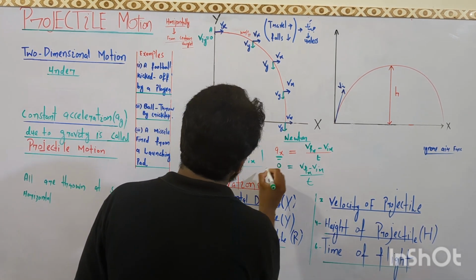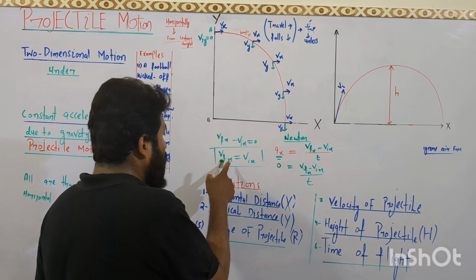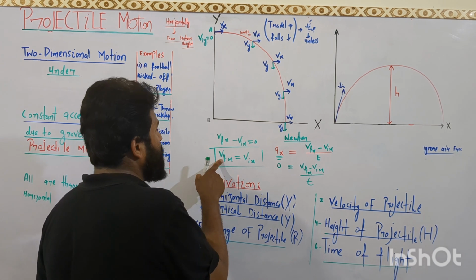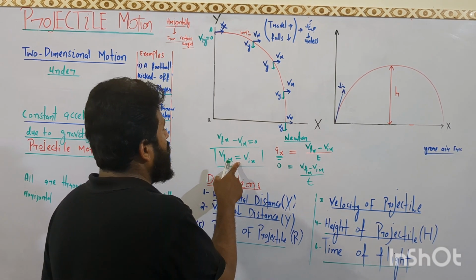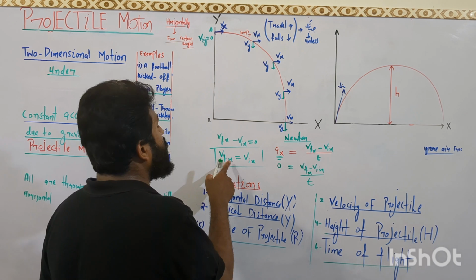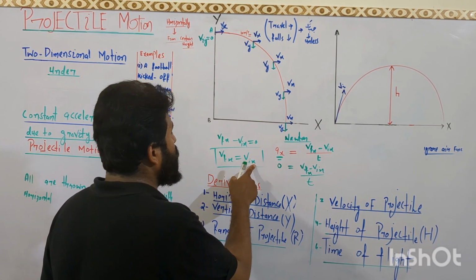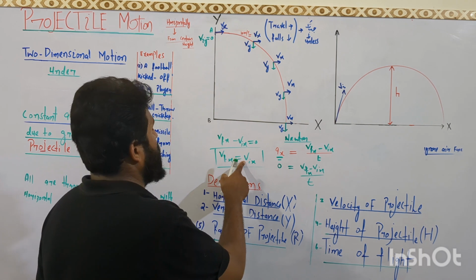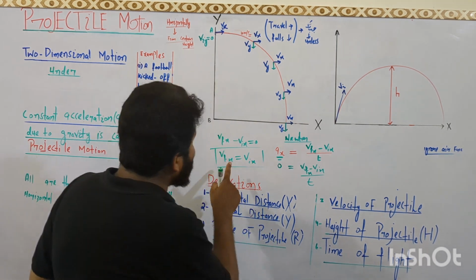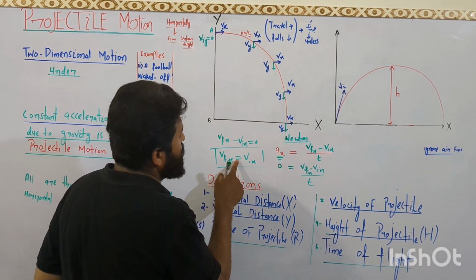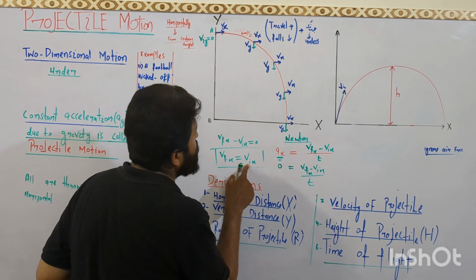It tells us that the horizontal component of final velocity is equal to the horizontal component of initial velocity, or the x component of final velocity is equal to the x component of initial velocity.